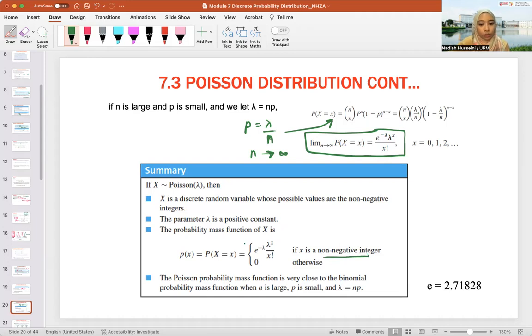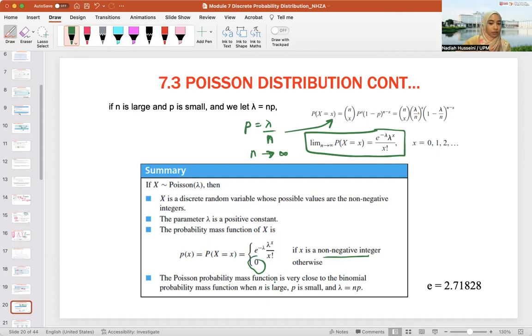Otherwise, your probability will be 0 and this equation will not hold. You cannot use it. So X is a discrete random variable whose possible values are non-negative integers. The parameter lambda is a positive constant, and the probability mass function of X is given by this.